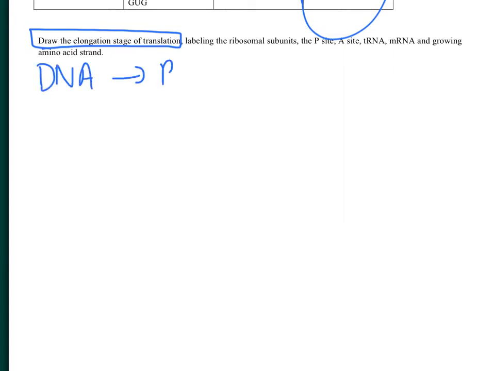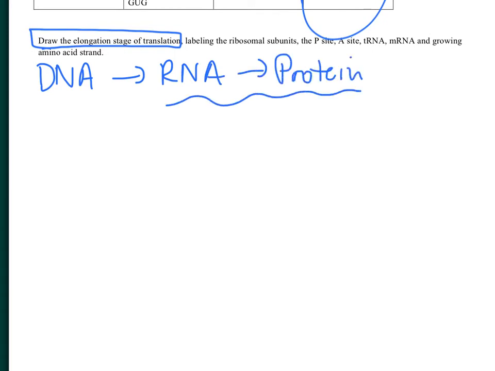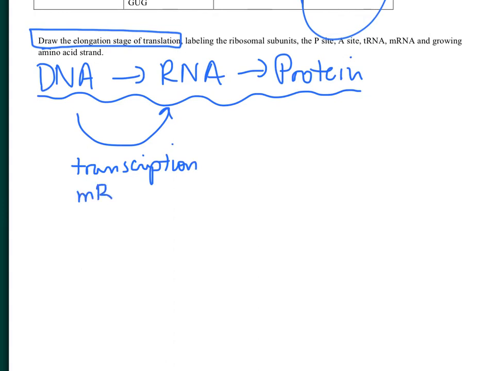DNA codes for RNA, which codes for protein. The process of making DNA into RNA is called transcription. That process creates an mRNA molecule.